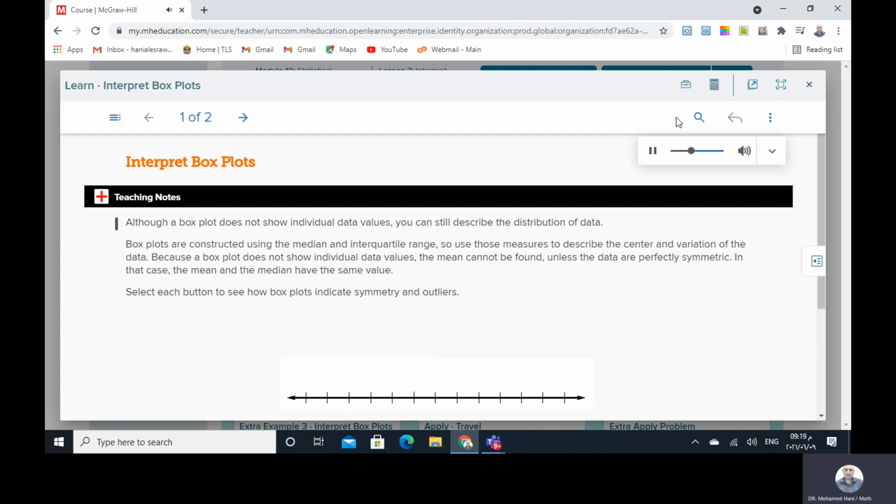Although a box plot does not show individual data values, you can still describe the distribution of data. Box plots are constructed using the median and interquartile range, so use those measures to describe the center and variation of the data. Because a box plot does not show individual data values, the mean cannot be found, unless the data are perfectly symmetric. In that case, the mean and the median have the same value.